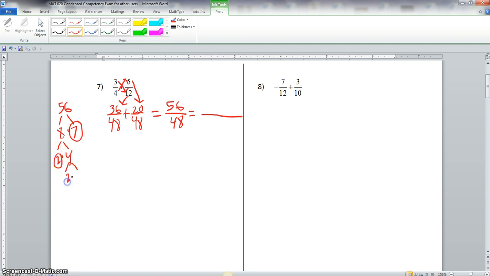And then the 4 breaks down to 2 times 2. So the prime factorization of 56 is 3 2's and a 7. Again, 3 2's and a 7. So that took care of 56.